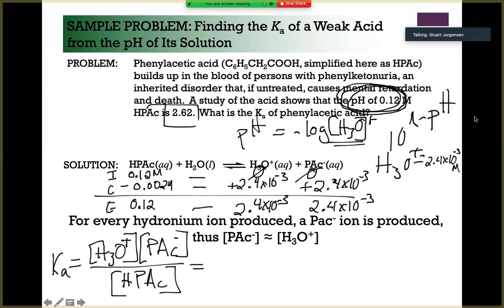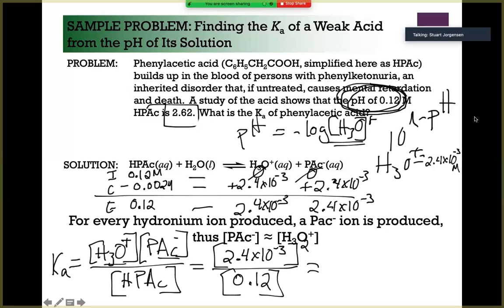I think we just got to plug in our numbers, right? We're going to have 2.4 times 10 to the -3 times 2.4 times 10 to the -3, which is just this quantity squared, divided by our 0.12, and we should get a Ka.